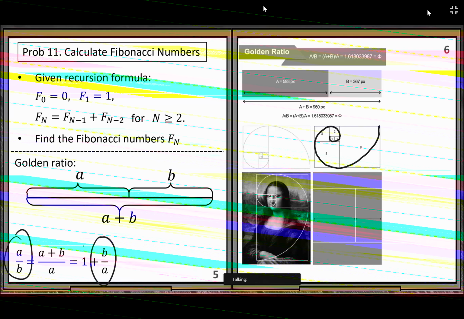Then, to find the ratio, introduce one variable x for the first ratio, then the second, B over A, is 1 over x, the reciprocal of x. Now you get a one-variable equation: x equals 1 plus 1 over x.